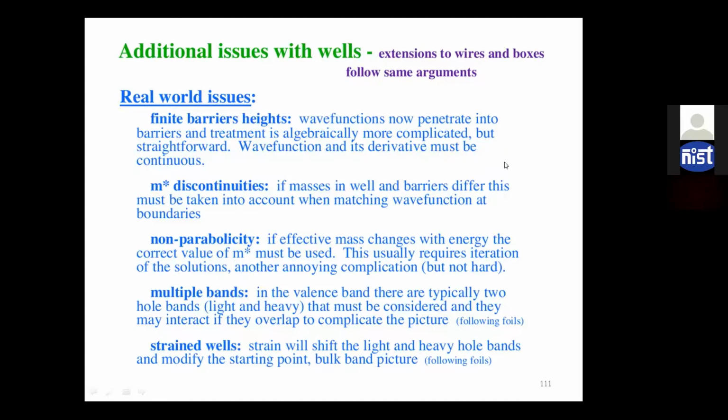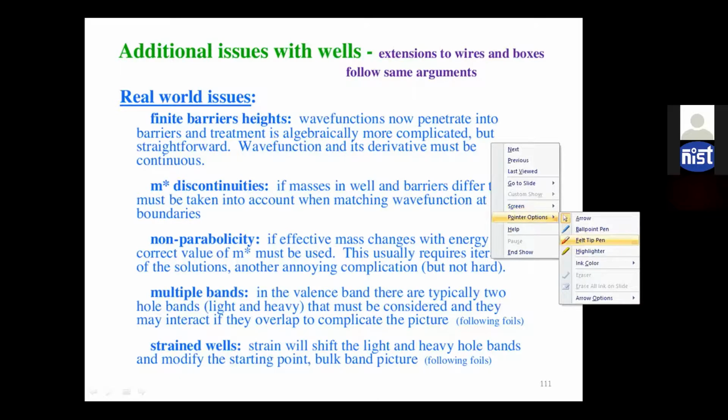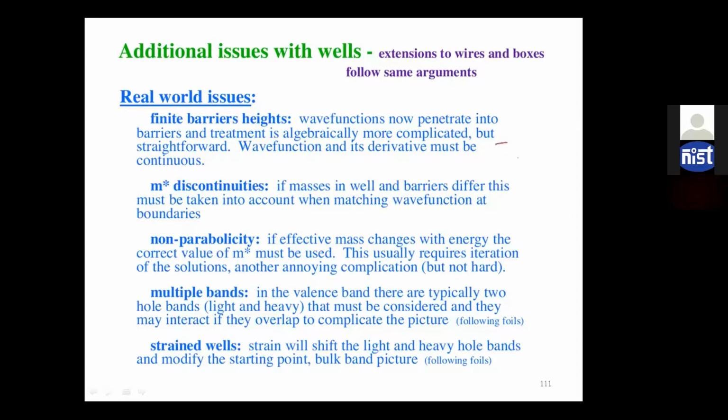As you know from basics at the graduation level, when you go for the calculation, we take the wave function at the boundary, say x equal to 0 and x equal to L. So when you take the boundary condition, you should take different mass for the barrier and for the well.